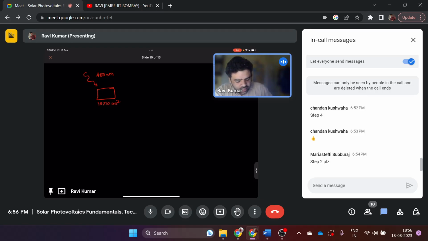Total energy coming on this surface can be calculated like this: 1000 watt per meter square into 0.1 meter into 0.1 meter. So it will be around 10 watt. So total energy incident on the surface of the solar cell is 10 watt, meaning in 1 second its energy is equal to 10 joule.